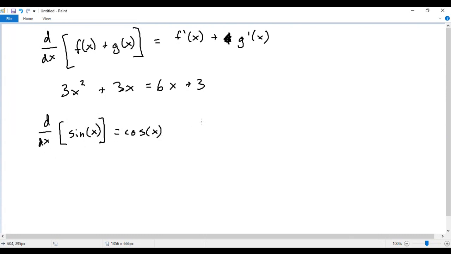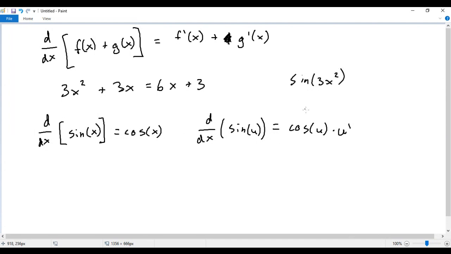In fact, if we wanted to say that u was a function of x, so what this says is if we have some function of x inside of our sine, so for instance, if we had sine of 3x squared, then our derivative is just going to be the cosine of that same inside, so cosine 3x squared, times the derivative of whatever's inside. So in this case, the derivative of 3x squared is 6x.